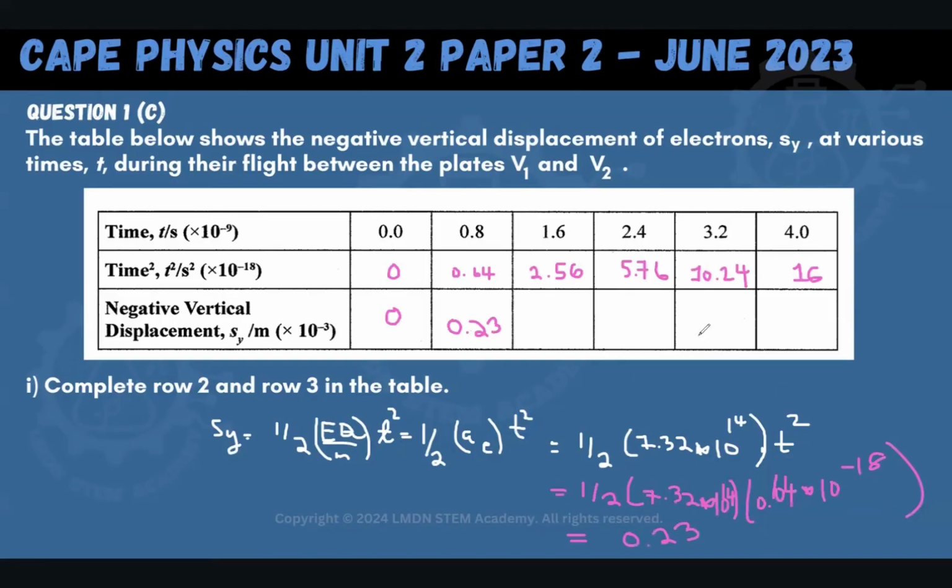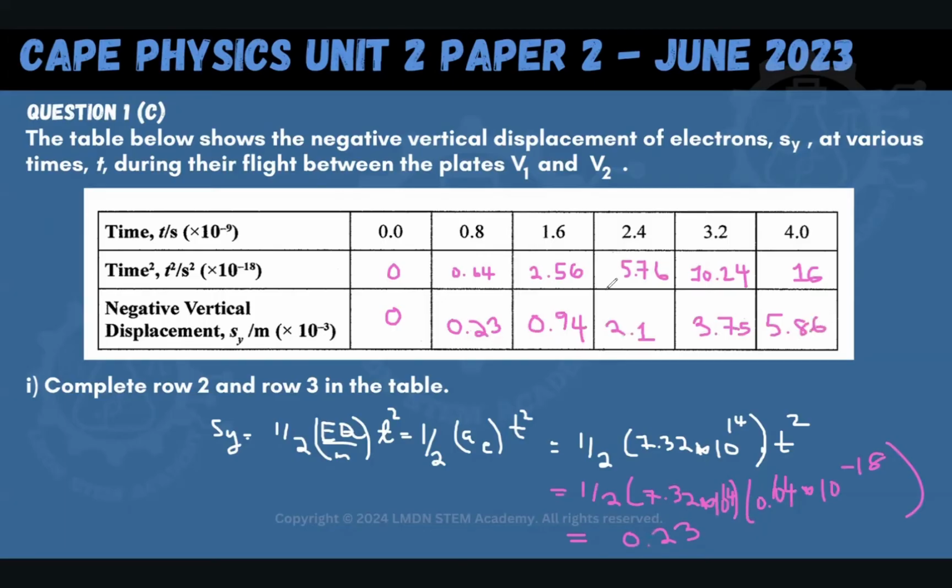I'm going to do it similarly for all of these: just plug in t squared, plug in t squared, plug in t squared, plug in t squared until I fill up the whole table. And when I do that, this is what I end up with: 0.94 for that one, 2.1 for that one, 3.75 for that one, and 5.86 for this one.